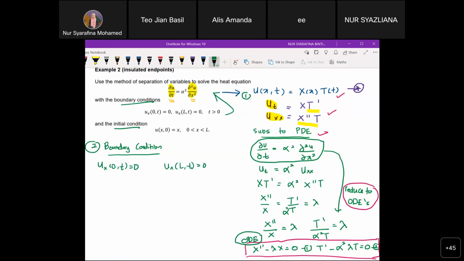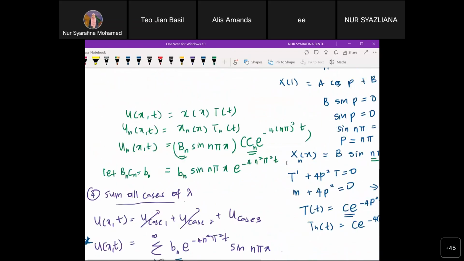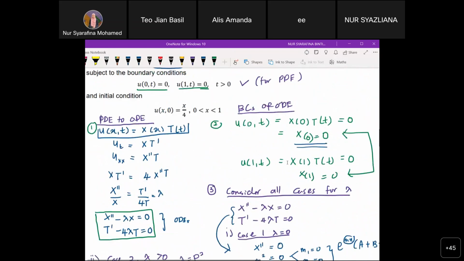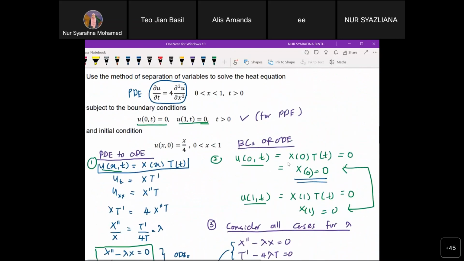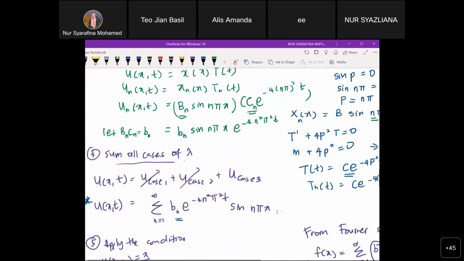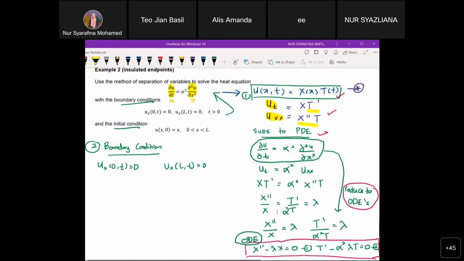And the expected solution is in terms of uxt. Previously, in order to form the condition, we could just use this u, because this is a 0 endpoint, it only involves u. But now, this insulated endpoint involves ux.